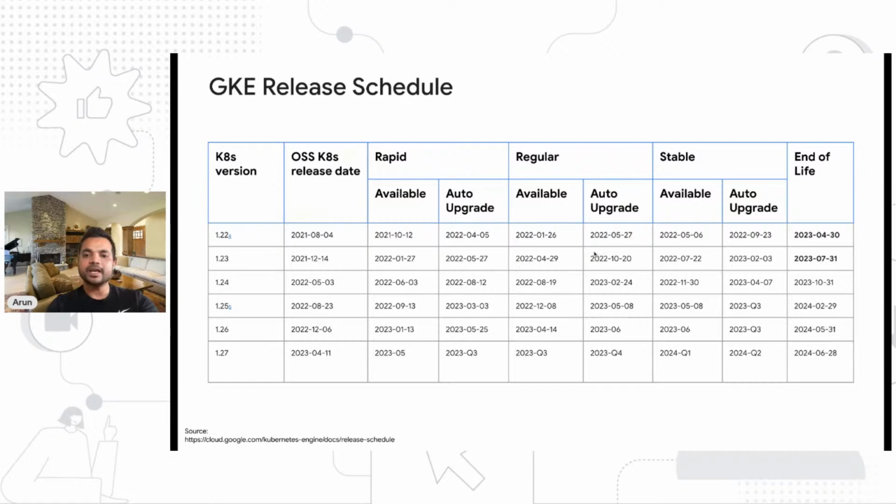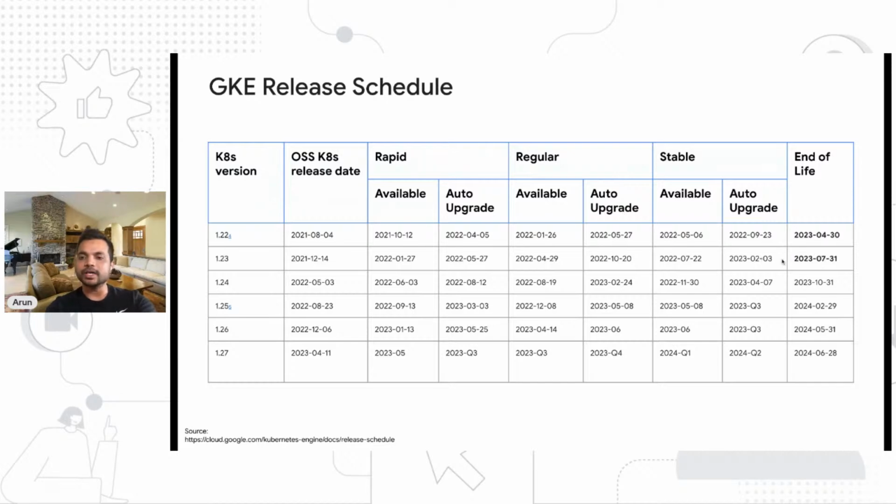Taking this example, 1.23, on 20th October 2022, you must have received a notification saying that we will upgrade your cluster to 1.23. GKE does not upgrade your cluster when a version becomes available. It upgrades when a version becomes default. So that's the bottom line.